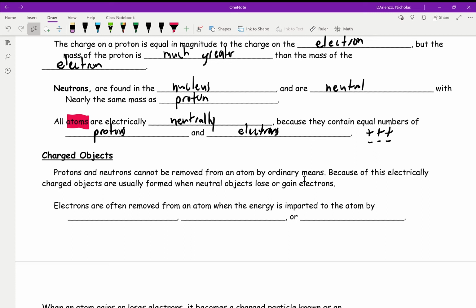Now, under ordinary means, you can't just remove protons and neutrons from an atom. Because of this, electrically charged objects are formed by a transfer of electrons, either by gaining or losing electrons. And that's how, if you remember back in chemistry, we get an ion or a charged particle, by the transfer of electrons. Protons and neutrons stay, but electrons will move. They are mobile.